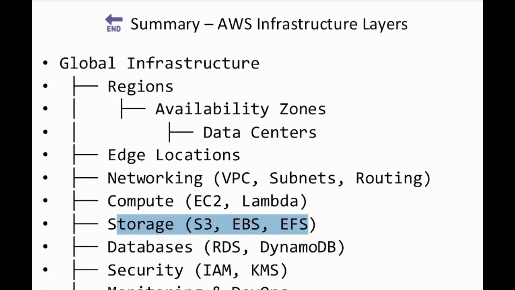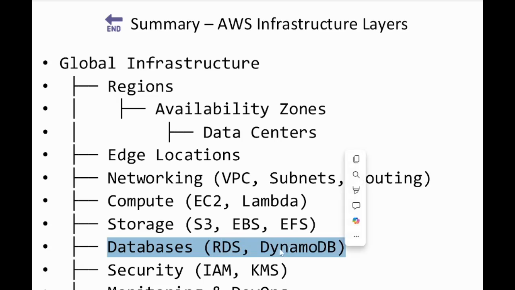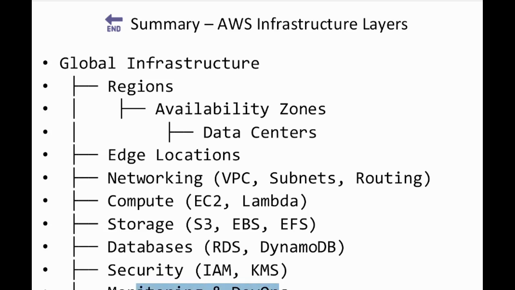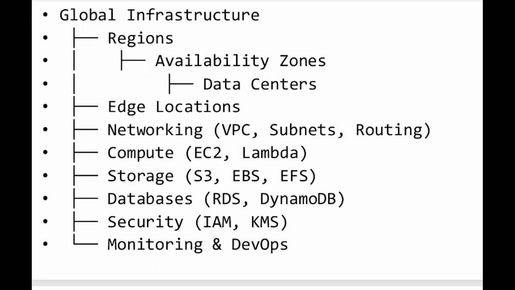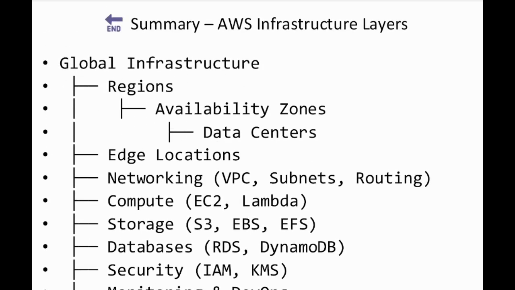Okay. Database infrastructure has RDS and DynamoDB. Okay, and under security, IAM and KMS came, and monitoring and DevOps as we discussed above. In monitoring and DevOps, we use CloudTrail. Okay.